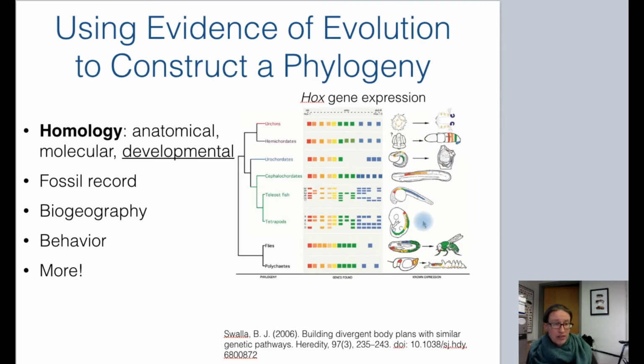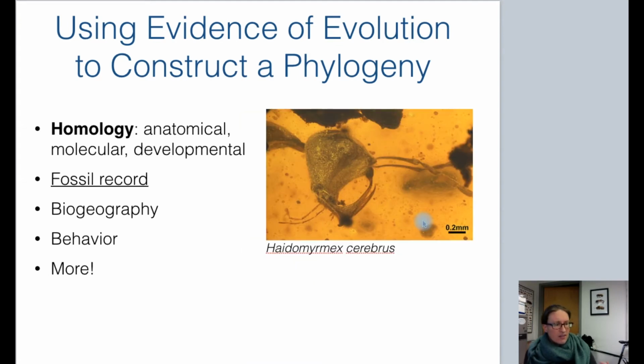So homologous traits play a very central role in the construction of a phylogeny, but that's not the only type of information that gets used. In addition to that, biologists will also rely on information from the fossil record. So just for fun, here's a really awesome amber fossil specimen of a type of ant that's called a hell ant.